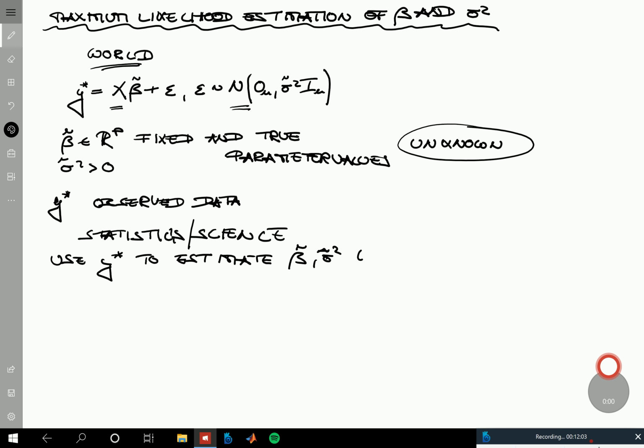And we estimate them, and this is what we will discuss today, with estimates, which we denote with this hat, so beta hat and sigma square hat.